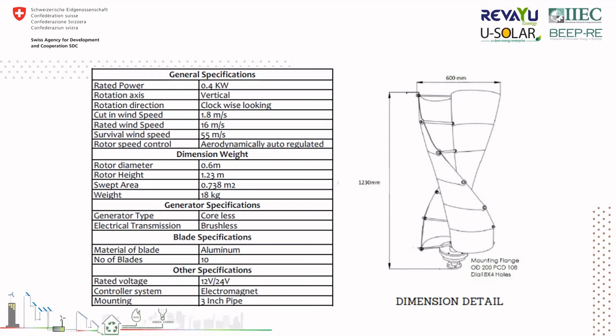Therefore, a vertical axis wind turbine makes very good sense at a place where heavy traffic is plying, or at a place where wind speeds are above 5 meters per second, because its generation curve has a sudden steep increase beyond 5 meters per second. So we should install these at places where we have regularly good wind speeds above 5 meters per second, or where we have a tunneling effect.